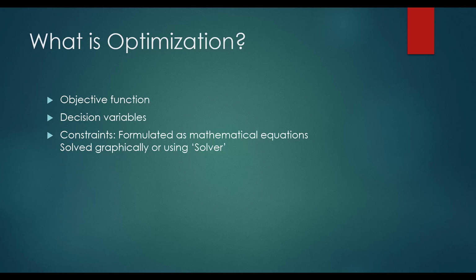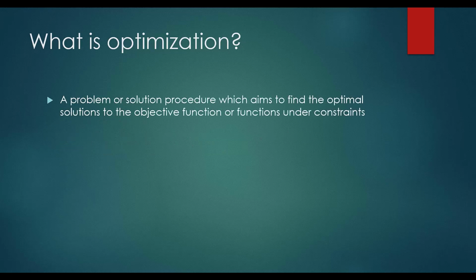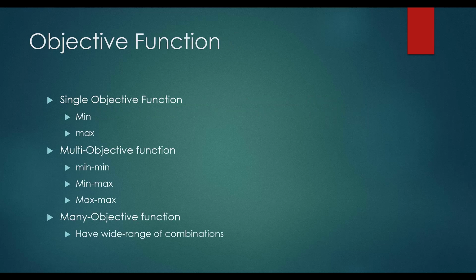It also contains decision variables with respect to some equations, which are called constraints. We can say that an optimization problem is a problem or solution procedure which aims to find the optimal solution to the objective function under some constraints.